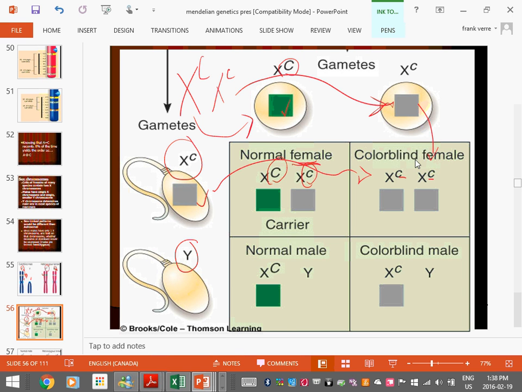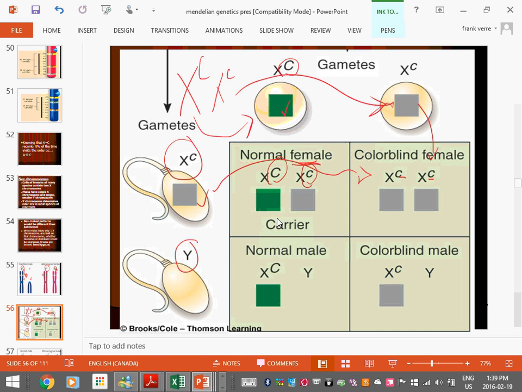So if you're a female and you have a recessive condition on your X chromosome, the only way you can get it is if your dad has it. He has to show it, because where do you get your other X chromosome from? Your dad. Now if you look at the male, a male only needs one copy.